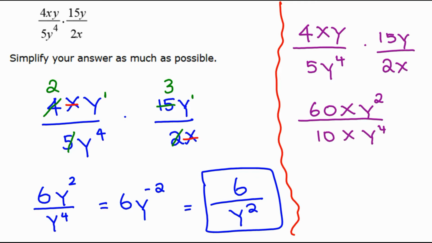Now go ahead and divide the 60 by 10, which is going to leave us a 6. Then you can cancel out the x with x. That's canceled out. Now we have y to the negative 2. We're going to change that into a positive exponent, so leave the 6 and put the y squared in the bottom. So that's going to be the final answer.